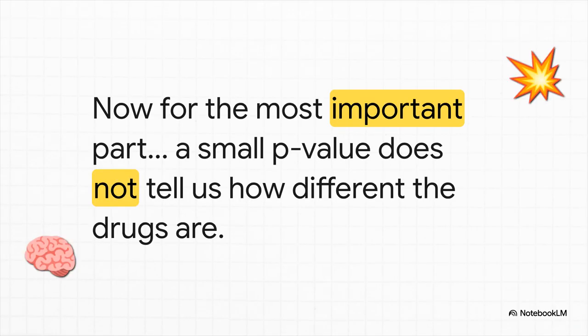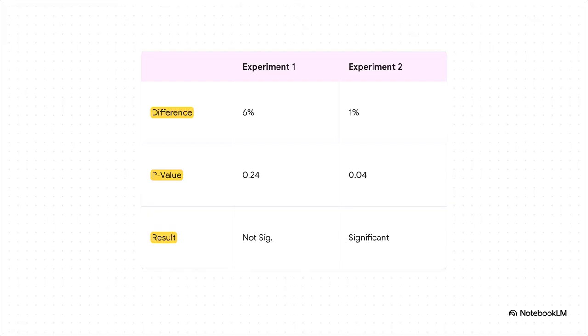But understanding that leads us to the single most important and honestly the most misunderstood part of what a p-value does and what it absolutely does not do. Okay, just look at these two experiments. In the first one, we saw that 6% difference, remember? But the p-value was 0.24, so not significant. Now look at experiment 2. This time, with a massive number of people, we only see a tiny 1% difference.